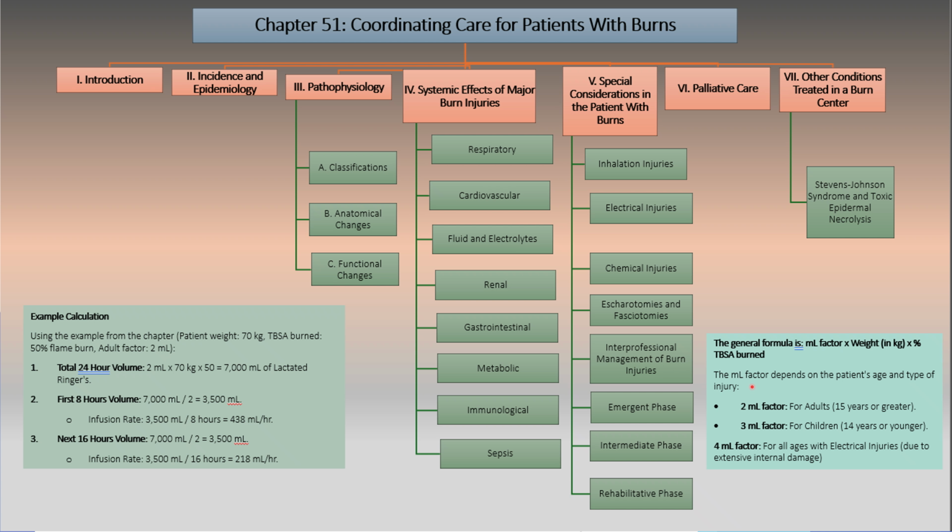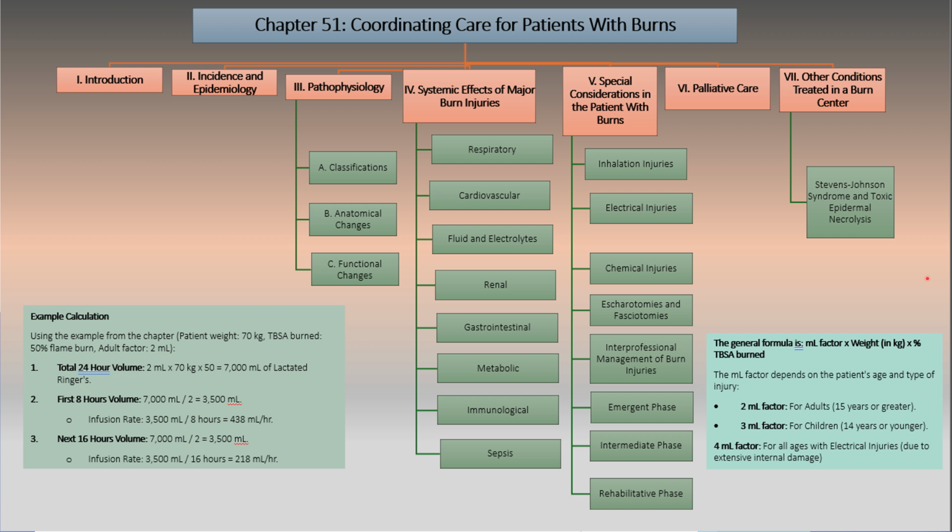So the milliliter factor depends on the patient age and type of injury. 2 mL factor for adults 15 years or greater. 3 mL factor for children 14 years or younger. 4 mL factor for all ages with electrical injuries due to extensive internal damage.